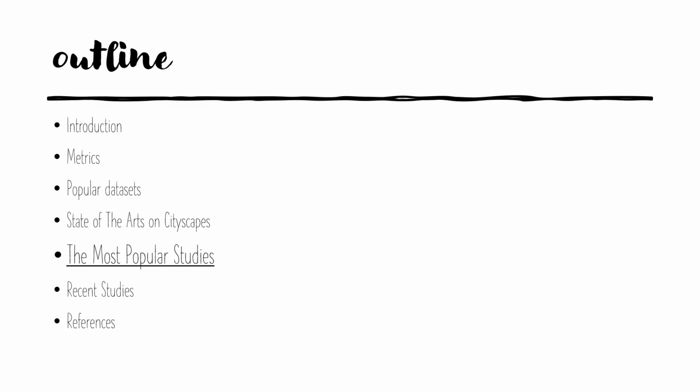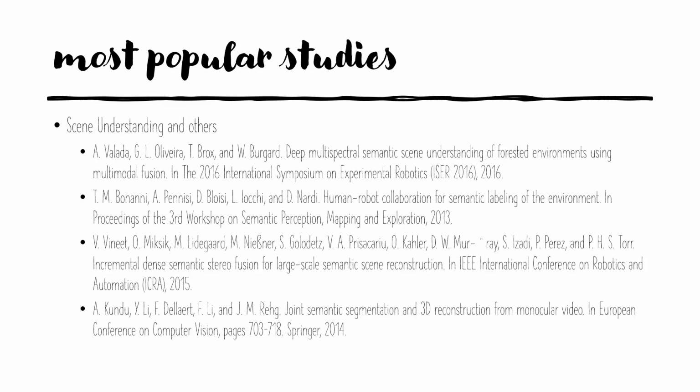Let's continue with the most popular studies. There are lots of studies in this area, such as semantic segmentation for autonomous driving and robots. They can be given as, for scene understanding: deep multispectral semantic scene understanding of forested environments using multimodal fusion; human-robot collaboration for semantic labeling of the environment; incremental dense semantic stereo fusion for large-scale semantic scene reconstruction; joint semantic segmentation and 3D reconstruction from monocular video.